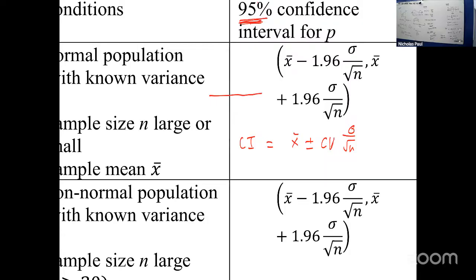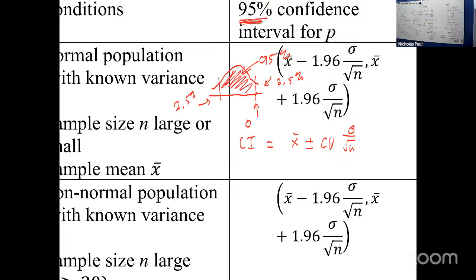Remember, these things are like bell curves. So 95% is this here. On either side, on this side is 2.5%, and this side is 2.5%. So what is the value that we have to read off if it's 95%?